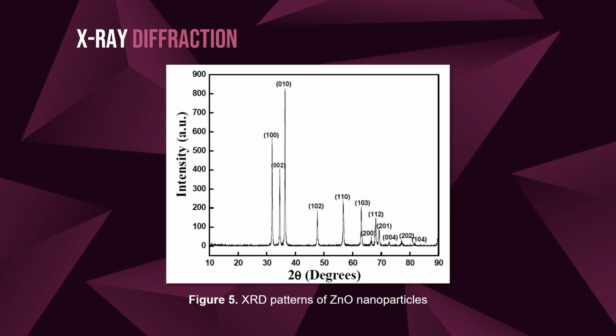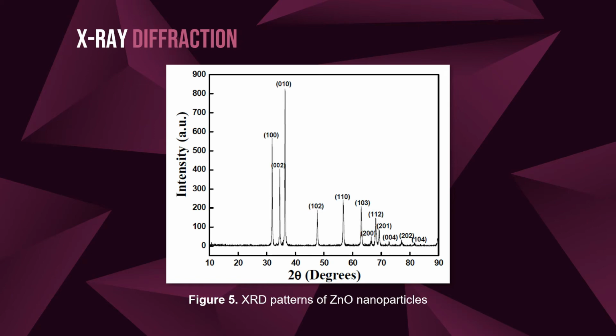With copper K-alpha radiation, the XRD peaks cover a wide 2 theta angle range from 10 to 90 degrees. The powder XRD pattern was indexed to a pure hexagonal structure with lattice parameters a equals 3.2 and c equals 5.2, and a space group of P63mc, as shown in Figure 5.